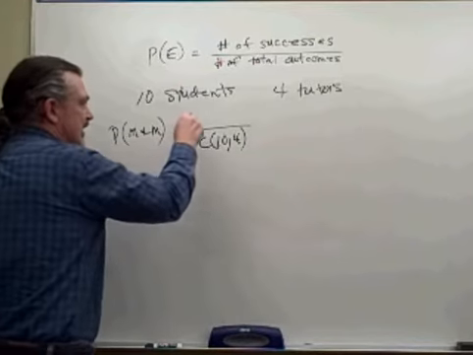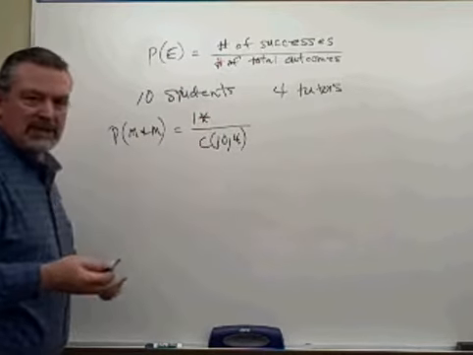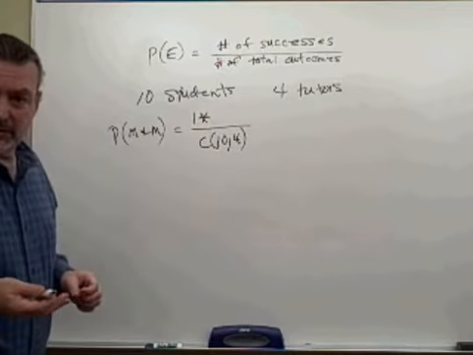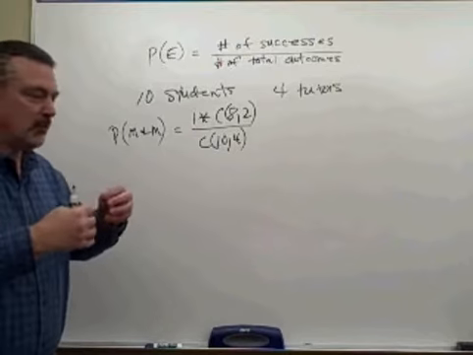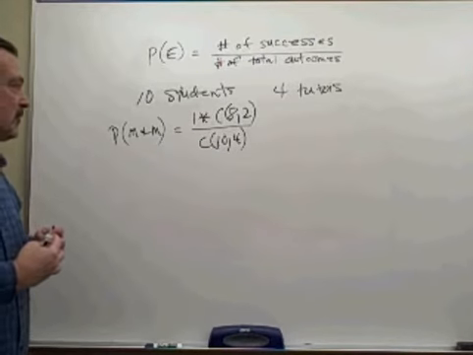So that really comes down to only one way to get Mark and Melanie, you have to get them both, times a combination of 8 taken 2 at a time. How many different ways could we choose 2 out of the remaining 8 volunteers once we've taken Mark and Melanie out?